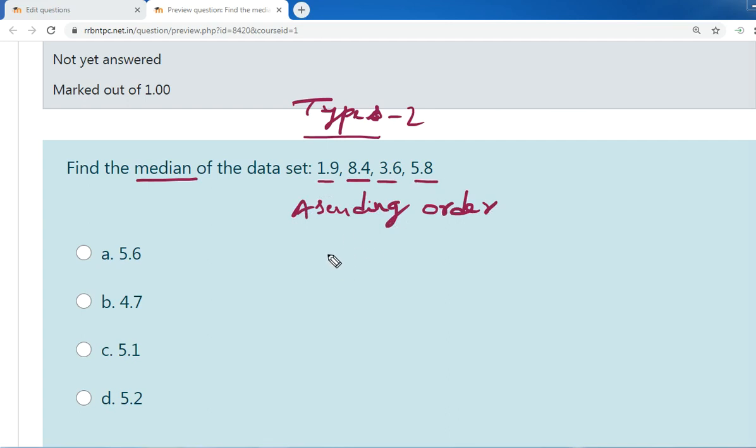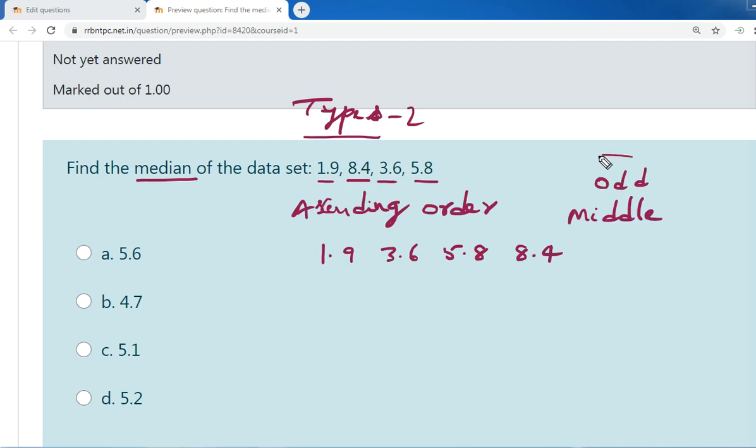If we arrange these in ascending order, 1.9 will come first, then 3.6, then 5.8, and then 8.4. After arranging the elements in ascending order, if the number of elements is odd, then the middle element will be the median.